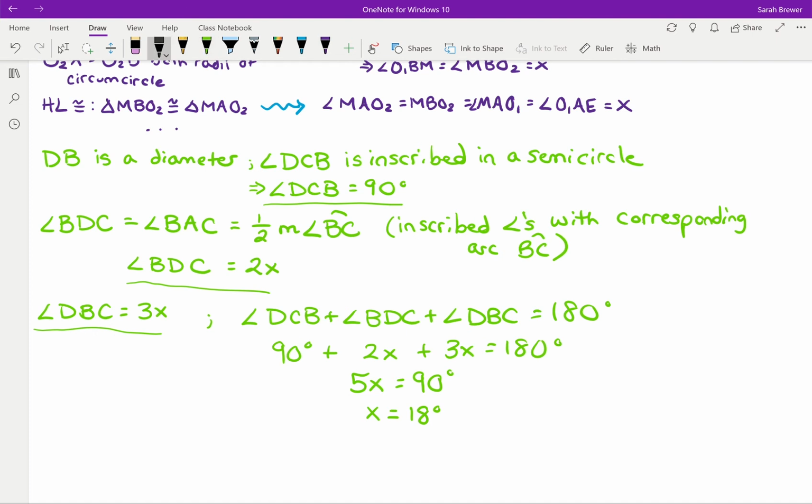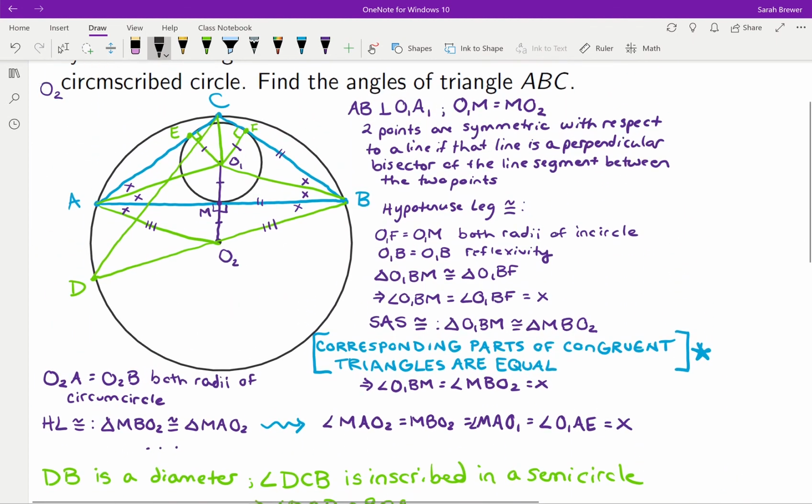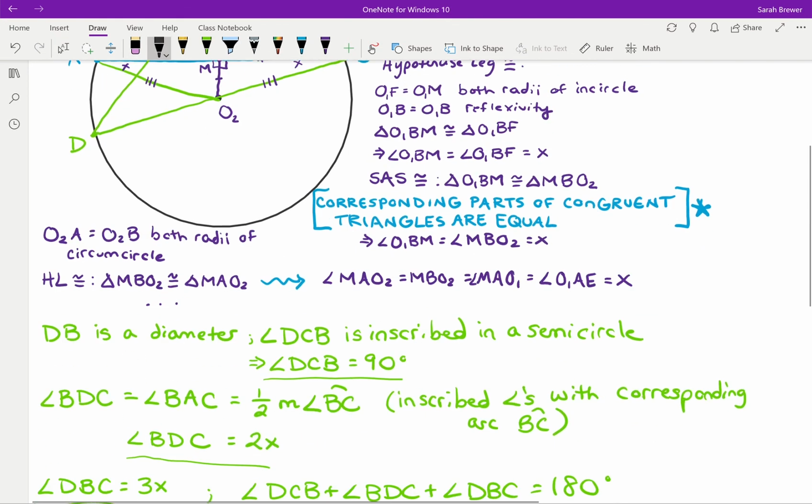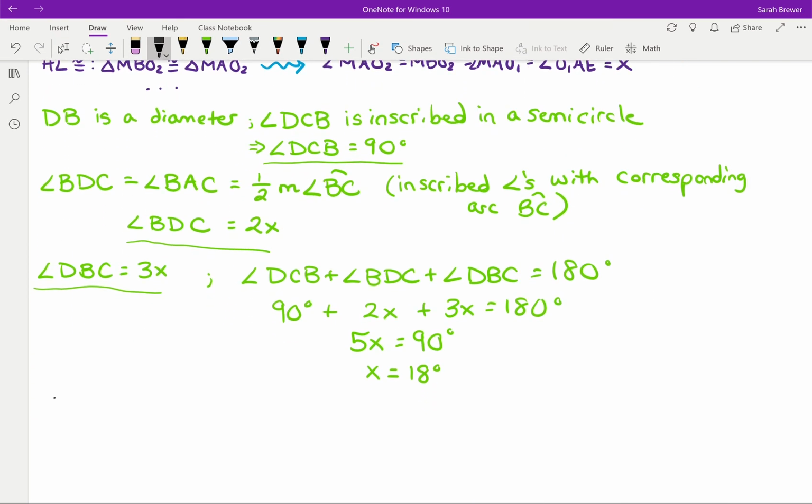So let's go back to our picture, and we're looking at triangle ABC, right? But let's be a little bit more precise about how we're naming these things. I'm going to call angle A angle CAB, which we can see is equal to 2x. So angle CAB is equal to 2x, which is 36 degrees.